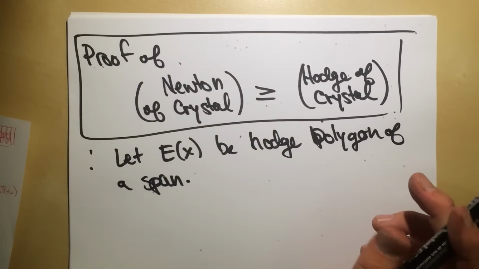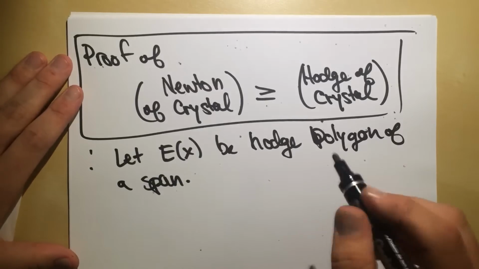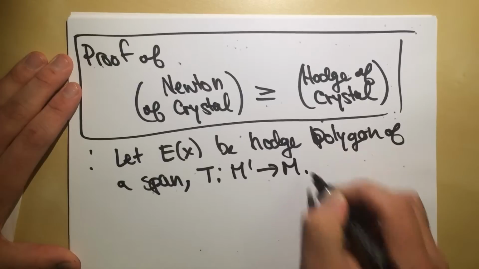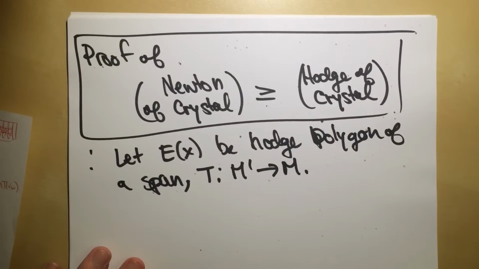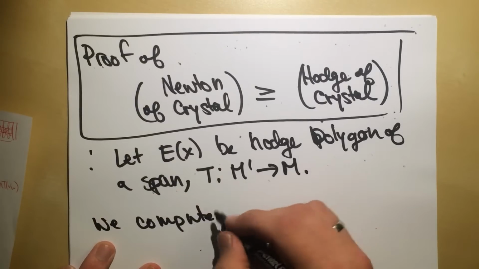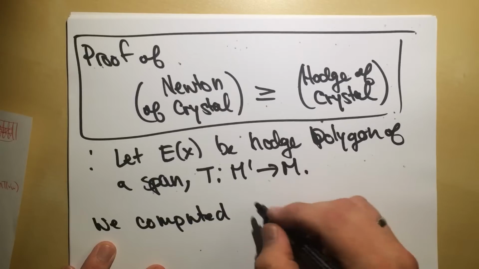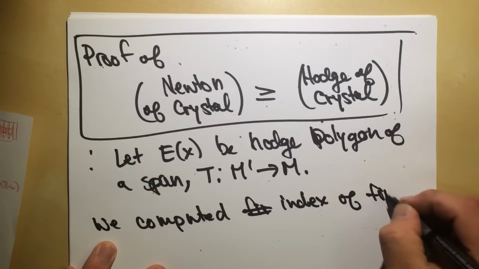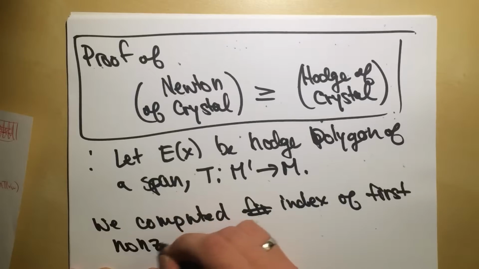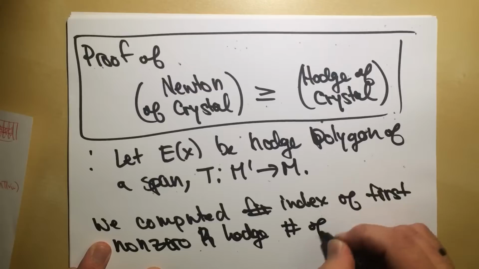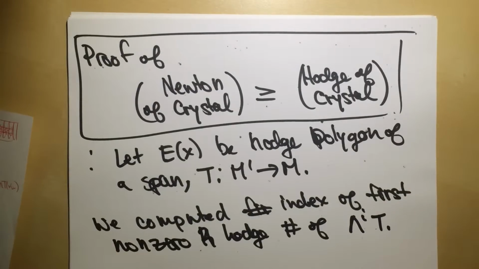What we saw is that we computed, for a span, let's say T from M prime to N, the index of the first non-zero Hodge number of the wedge power of this crystal.